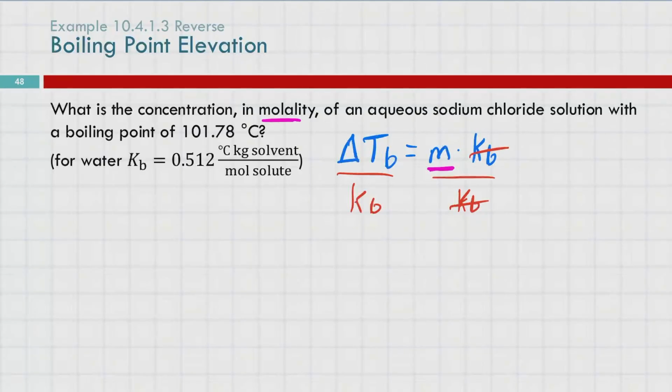If we flip it left to right, m equals delta Tb over Kb. I'll let you do the calculation, and then we can compare.